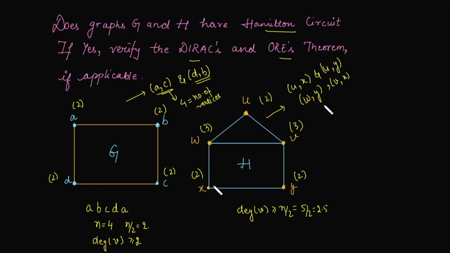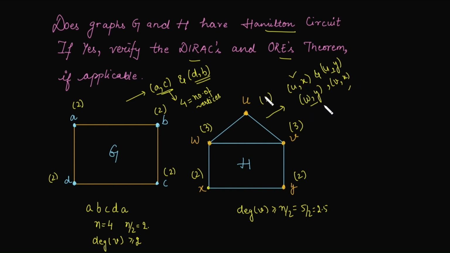X is adjacent with W and Y, but not with U and V, and we have already taken this case. Similarly, Y is adjacent with X and V, but not with W and U, and that is already there. So we need to check for these non-adjacent pairs whether their degree sums are equal to the number of vertices or not.